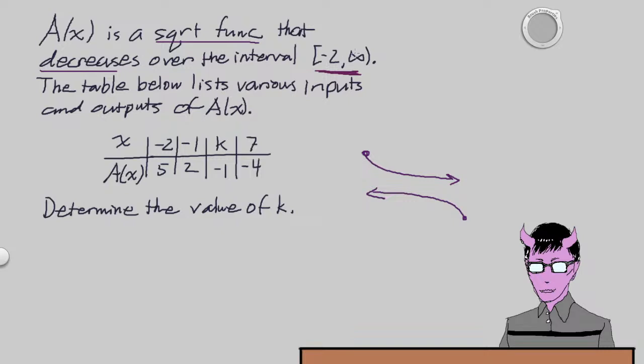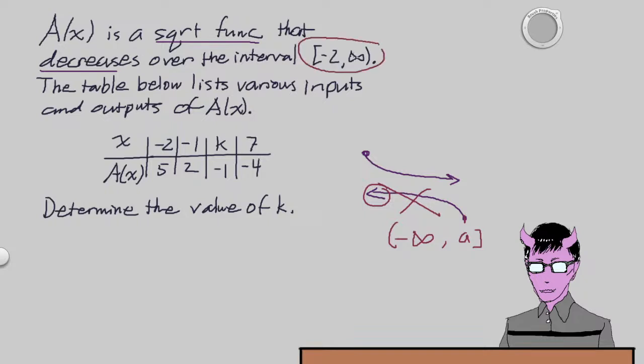Decreases over the interval. We are assuming that this is the domain, right? So I wish I'd said this more precisely. But from the way it's written, it's going to be not this one, because this one goes towards negative infinity. So for this one, this is some sort of arbitrary a value, then the domain is going to be from negative infinity to a inclusive. This may or may not be a, I don't know.